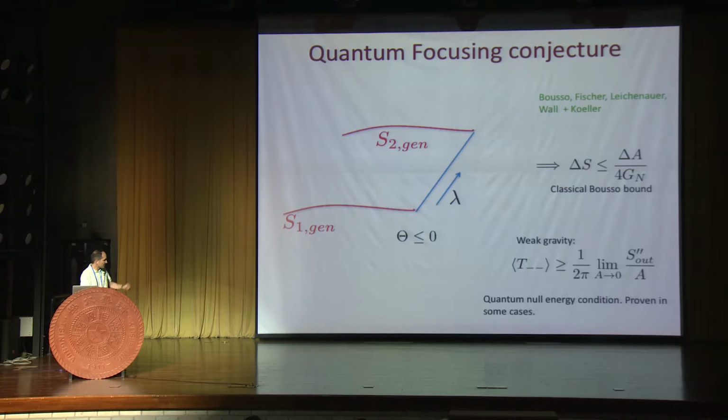This was then proven in some cases, essentially free field theories or super-renormalizable theories, so theories that are free in the ultraviolet. It would be nice to understand it more generally.